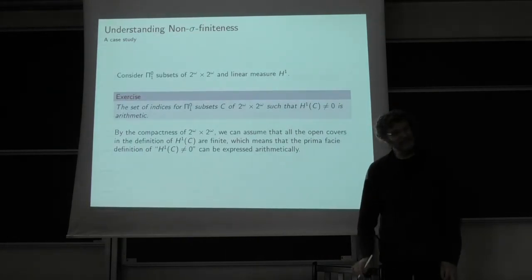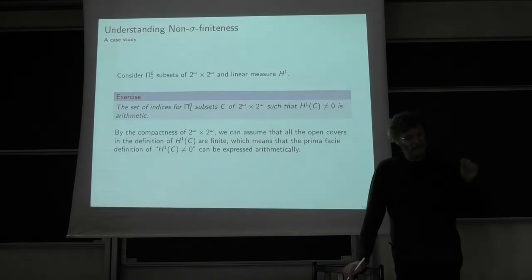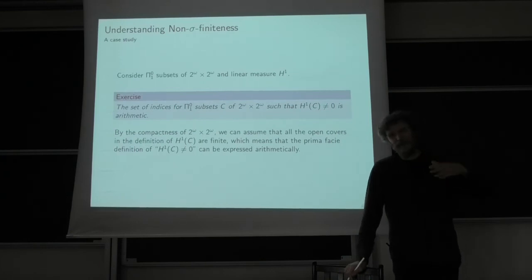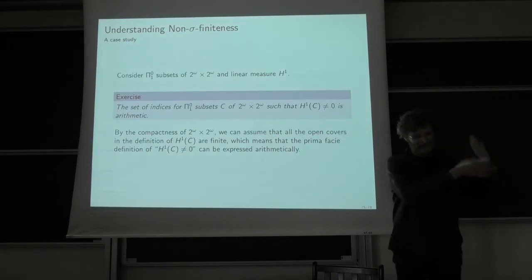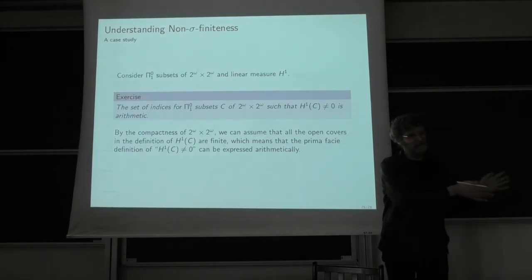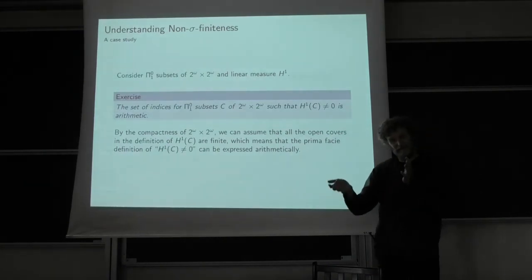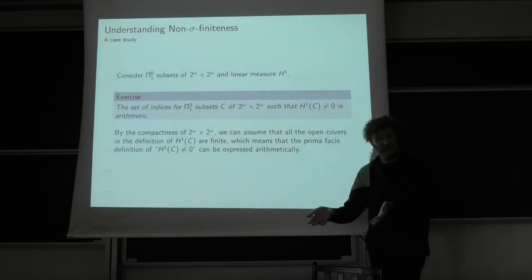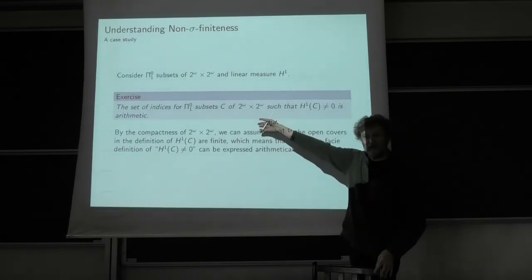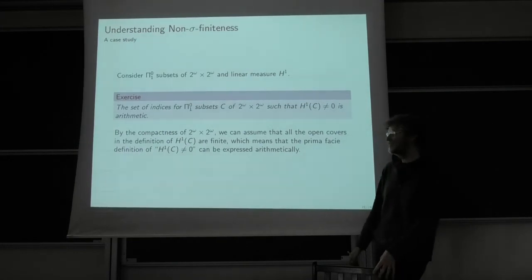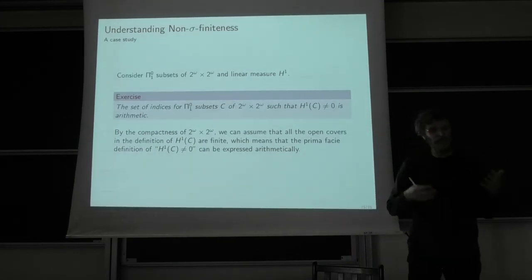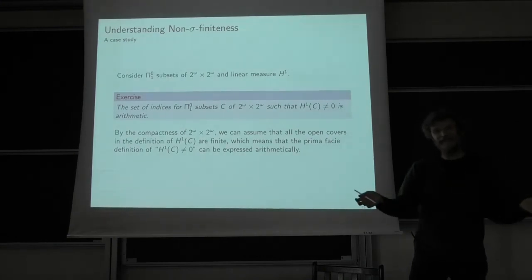If every real number eventually leaves the tree, there's a finite level where every real number has left the tree at that point. Because if the tree is infinite, it has an infinite path. So that analysis, Koenig's lemma, tells us something about Cantor space. It's compact. This cross product of two compact spaces is compact. So when you talk about open covers, you can assume they're all finite.